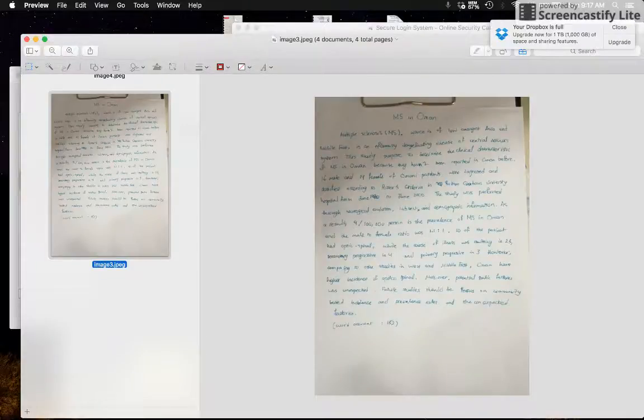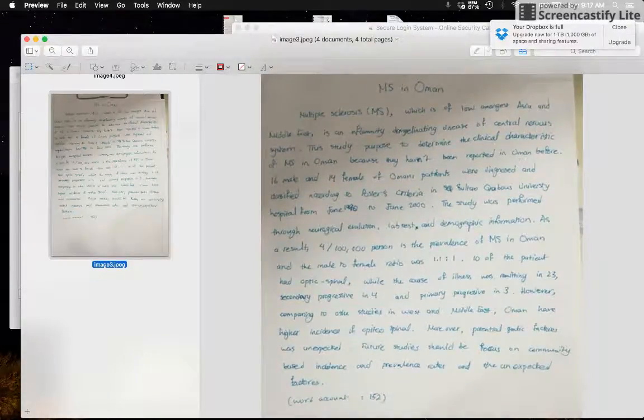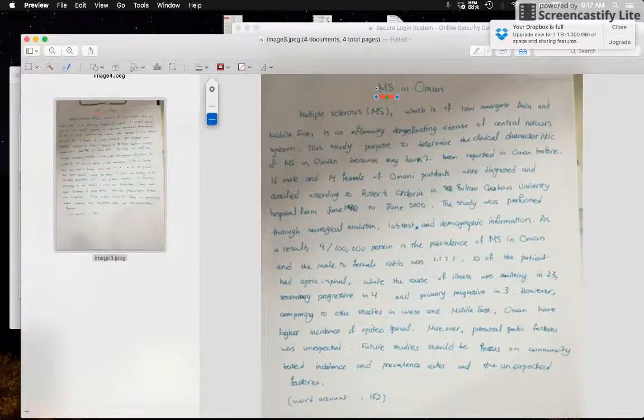Okay, so let's see how the write-up looks. Sclerosis. Okay, so first of all, you can't use a shortcut. You can't use an acronym in the title. You have to use the full words, multiple sclerosis in Oman.